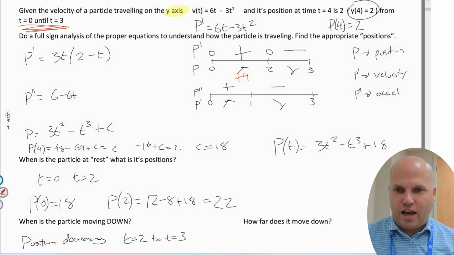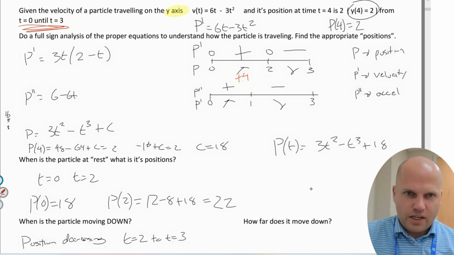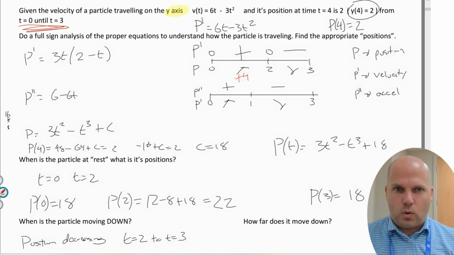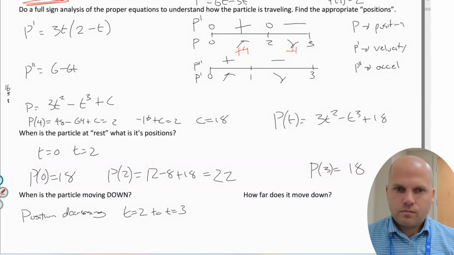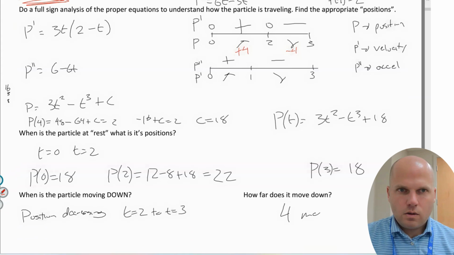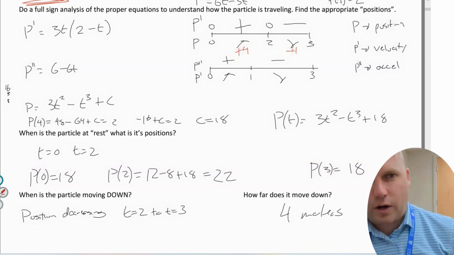How far does it move down? Well, I need to find p of 3, which actually goes back to 18 because of the whole way it works. So it goes up 4, it will then go down 4 to get back to where it started. Four meters or 4 units, whatever we're talking about.